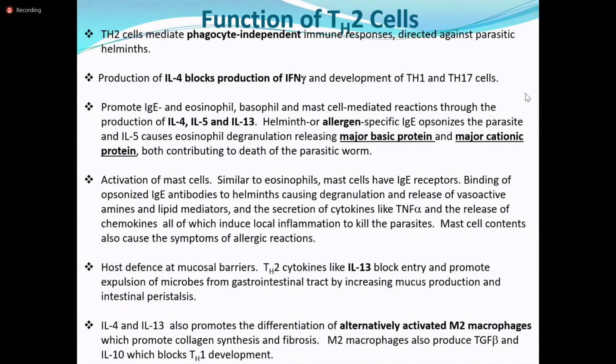And so the cytokines which induce these particular mechanisms are IL-4, IL-5, and IL-13.